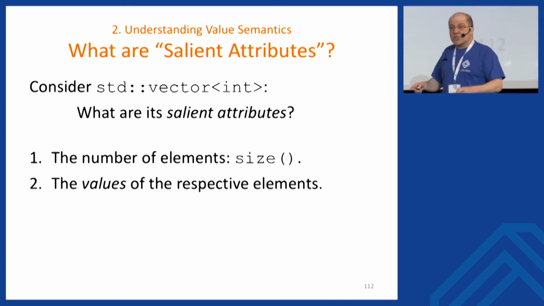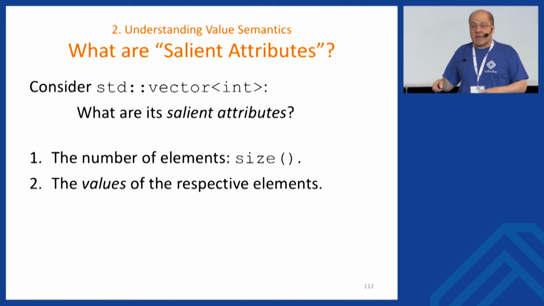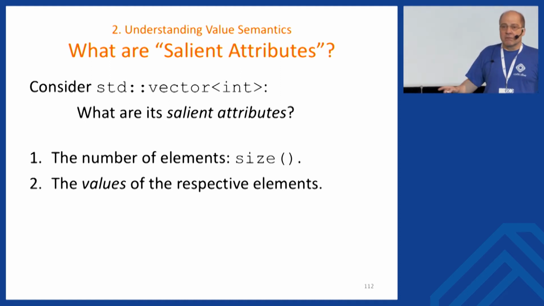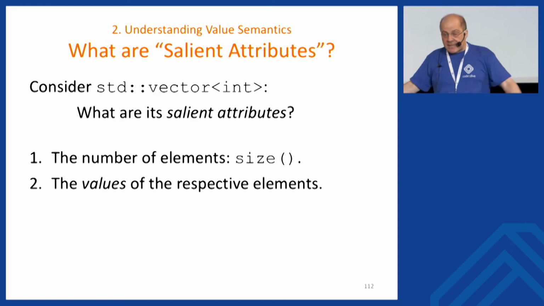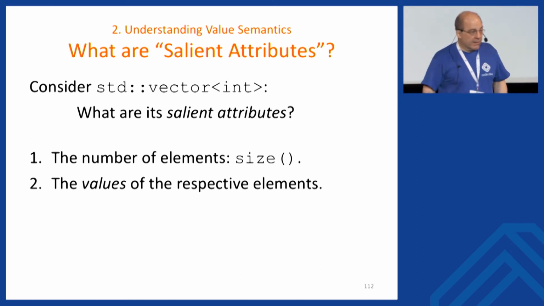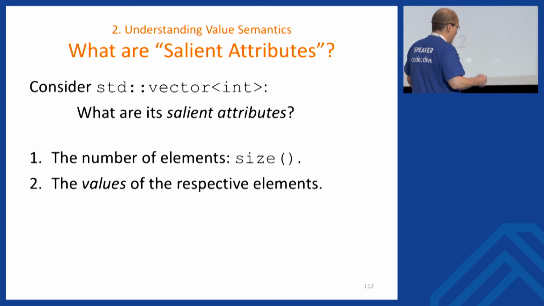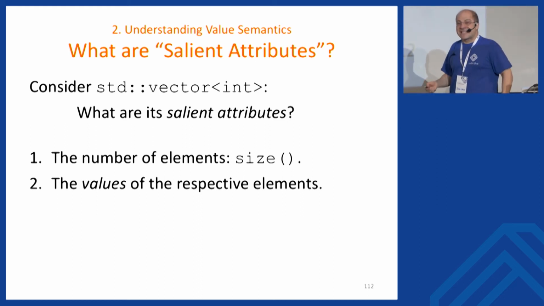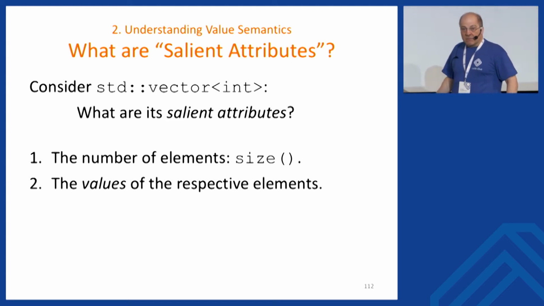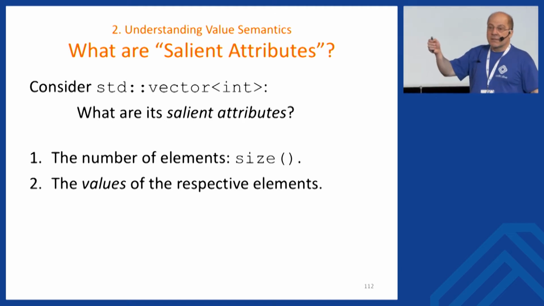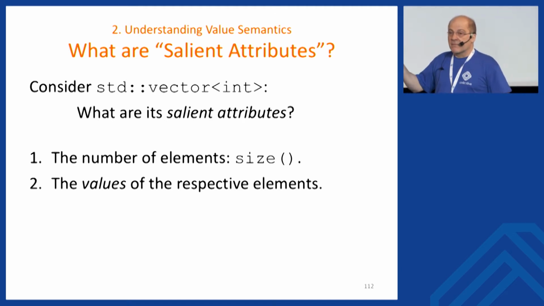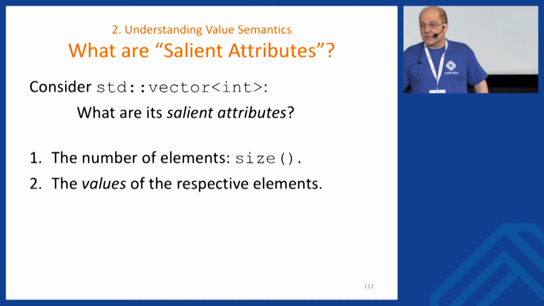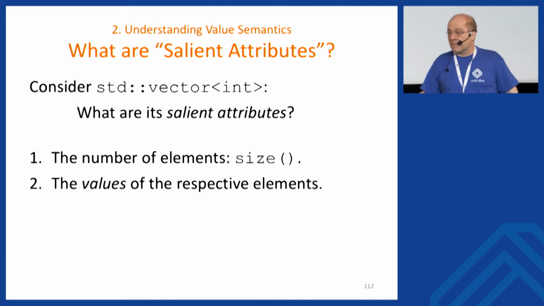The respective elements should represent the same value. They're not equal. They represent the same value. That's it. So if the sizes are the same and the respective elements represent the same value, then the two vectors represent the same value, because there is a notion of a mathematical sequence, and a vector approximates a mathematical sequence. And if it's a vector of int, it approximates a mathematical sequence of ints. That's it.